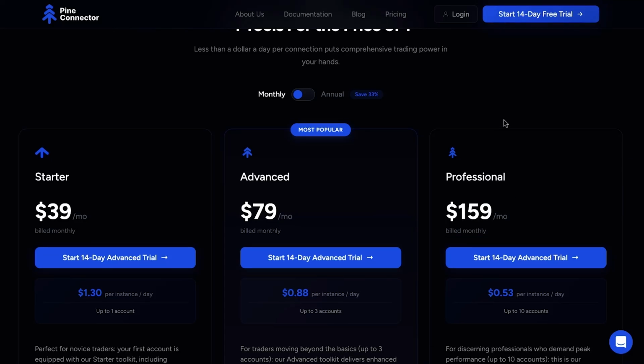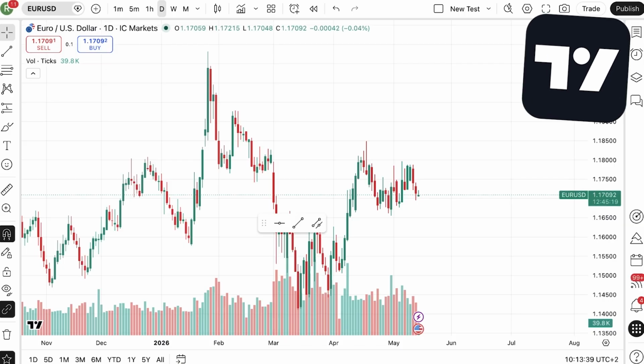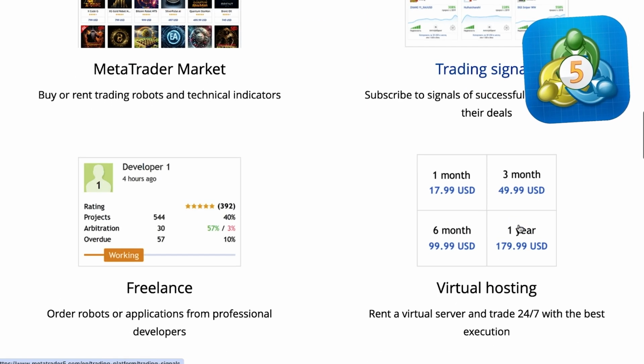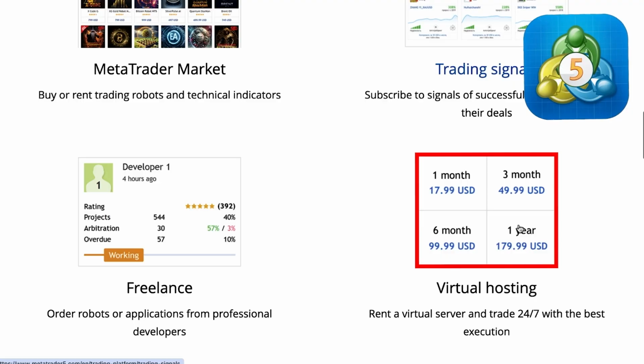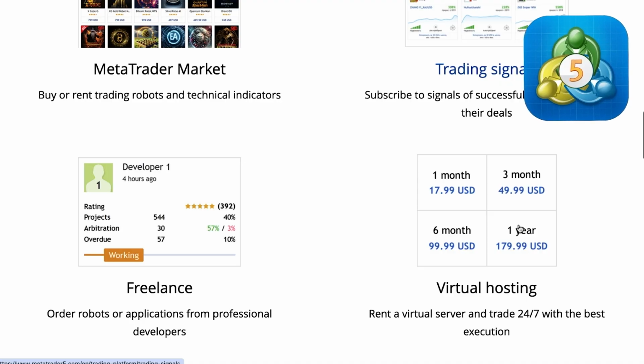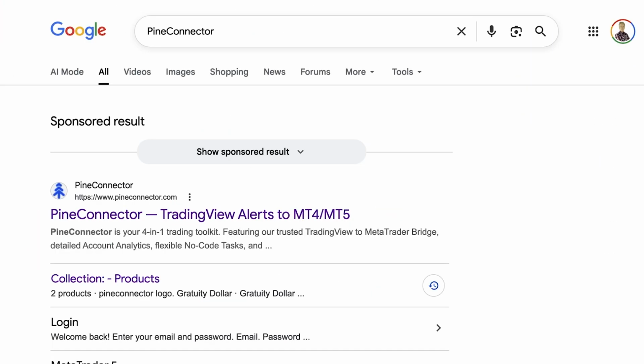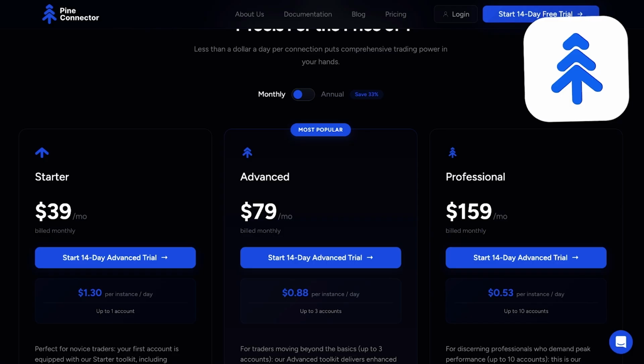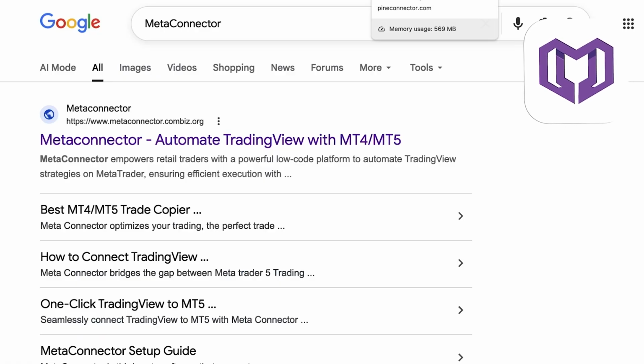And obviously, if you want to use this seriously, you would need to pay a subscription for Pine Connector, then a subscription for TradingView, then a subscription for MetaTrader 5 VPS. So you have at least 3 different subscriptions that you need to pay every month. On top of that, you need to manage 3 different things at the same time. So you need to manage MT5, you need to manage TradingView, and you need to manage the Pine Connector software or Meta Connector if that's the one you prefer, or any other bridge software.